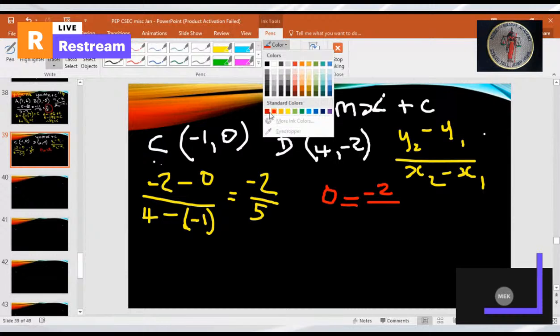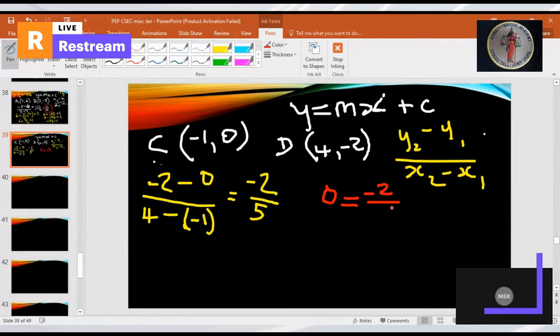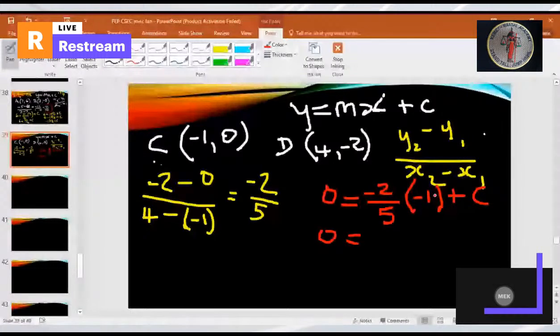-2/5 times x, which is -1, plus c. So 0 is equal to -2/5 times -1, which is 2/5. So if 0 is equal to 2/5 plus c, then we bring over the 2/5 and it becomes -2/5.